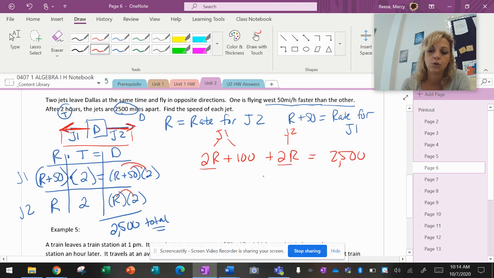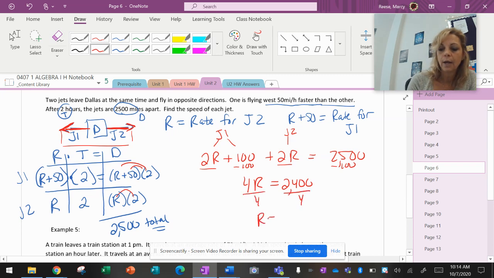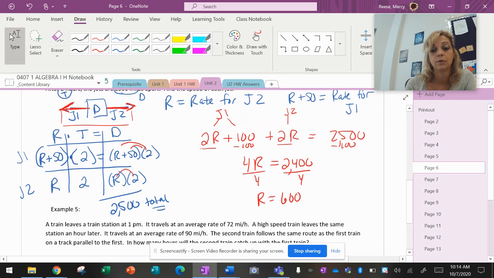So 2r and 2r is 4r. I'm going to subtract that 100, and I've got 2,400. And I'm going to divide by 4. And I got 600. Now, it says find the speed of each jet. So it would make sense that it's 600 miles per hour because they're jets.